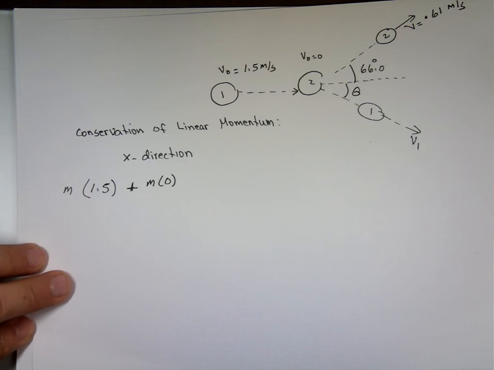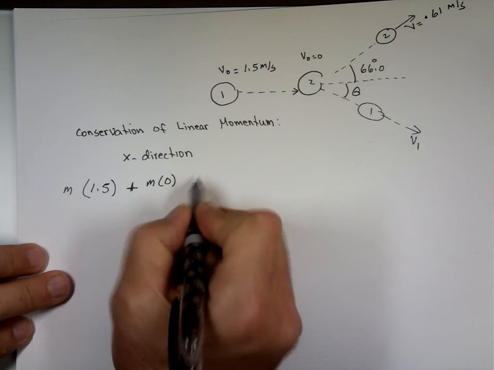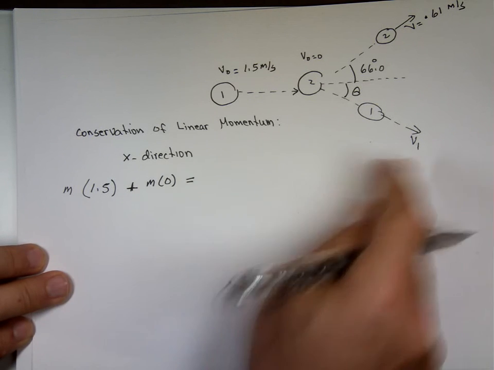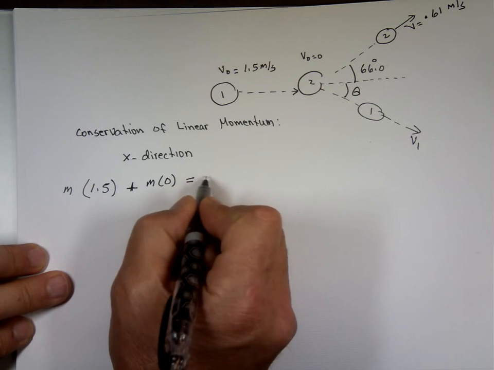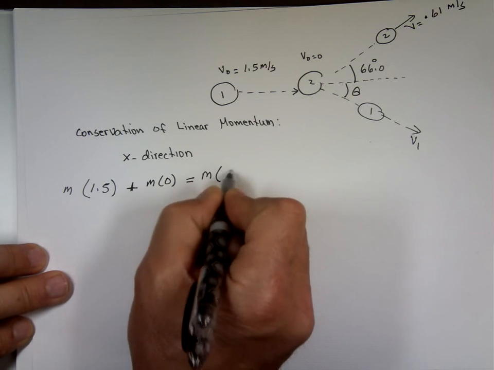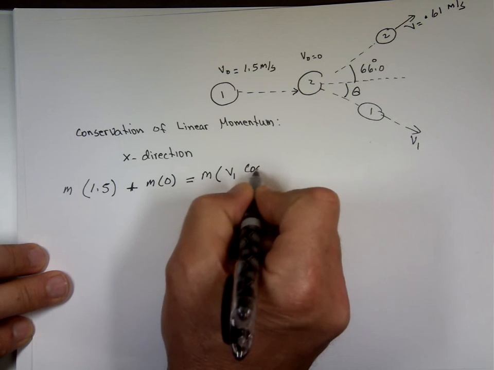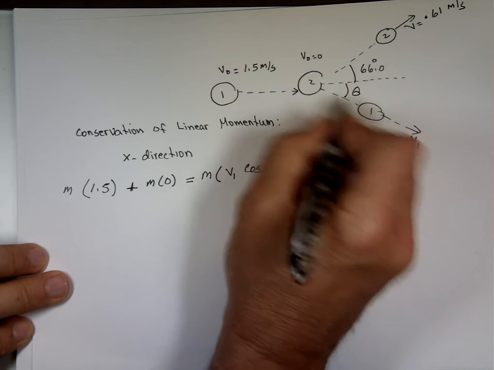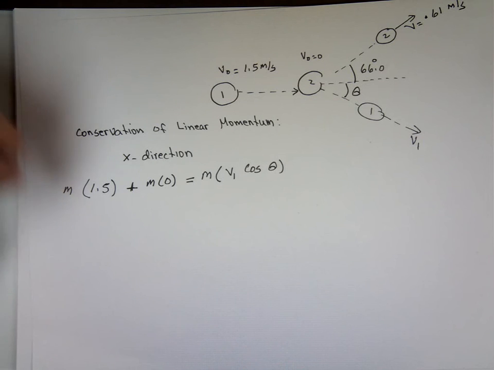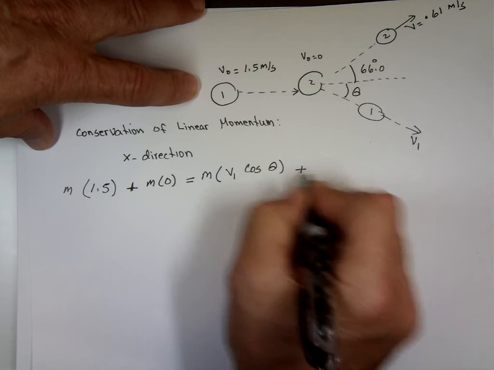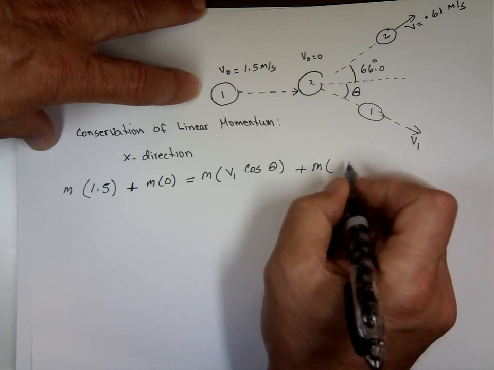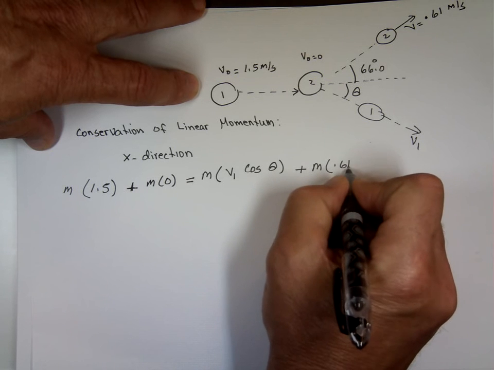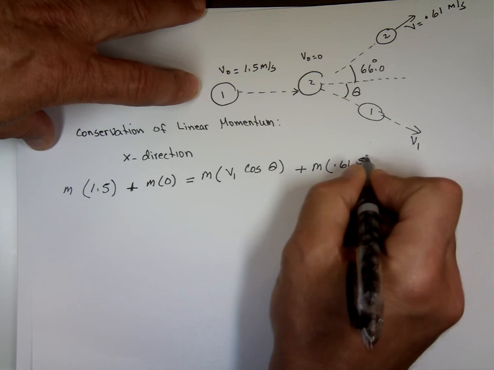Now this one in the x direction is going to be mass times the velocity, which is what? v1 cosine theta, the component of that velocity in that direction. And the other one is going to be the mass m times the velocity in the x direction, which is 0.61 cosine 66.